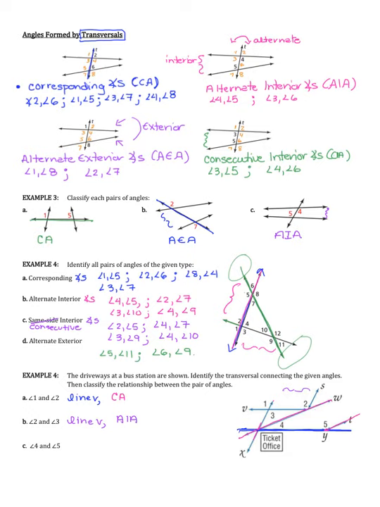Notice both these angles are interior to the two lines that were given, and they are on the same side of their transversal, or better yet, they are consecutive. So line Y is their transversal, and this is an example of the CIA, formerly known, or AKA, same side interior.